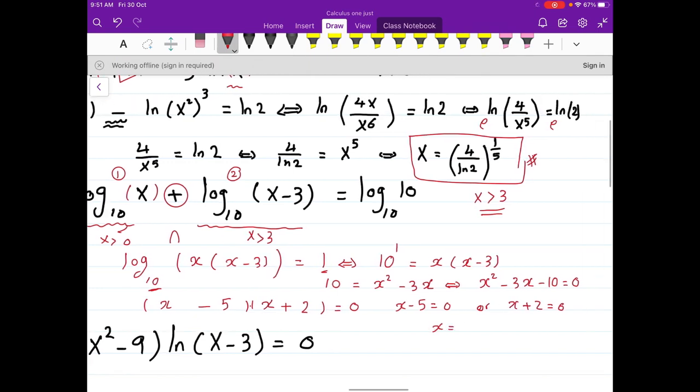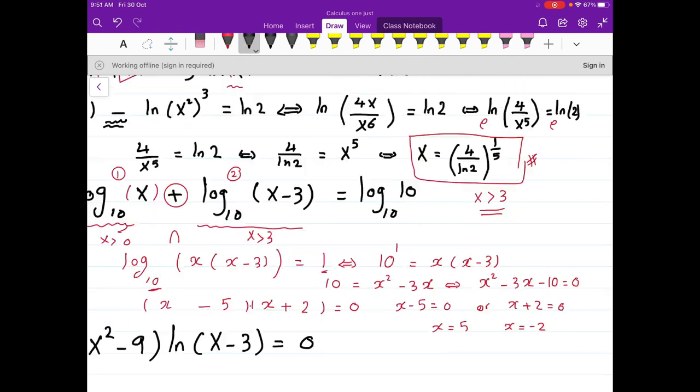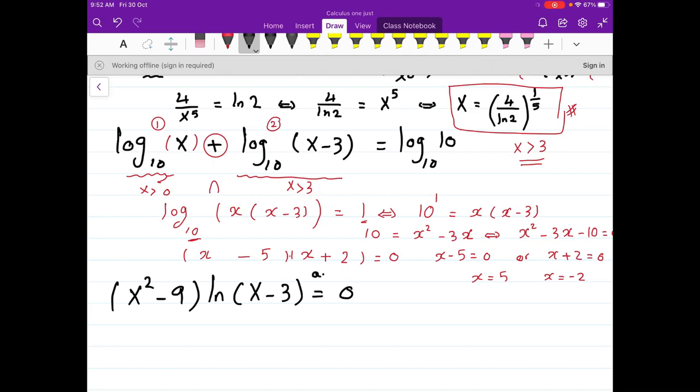So we get x equals 5 and x equals minus 2. Now, what is the answer? If we write A: 5 and minus 2, B: 5, C: minus 2. Which one is true?